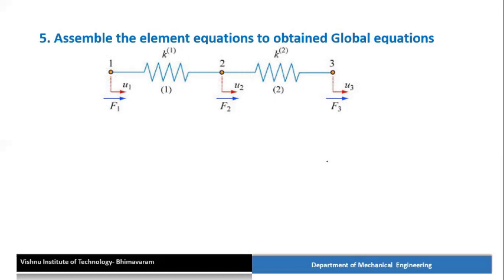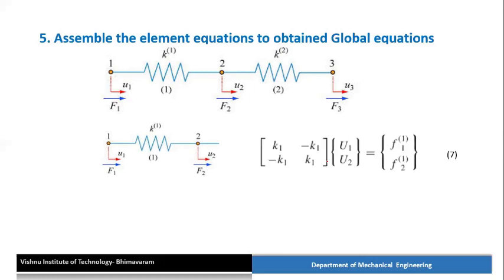Spring 1 has stiffness K1 and spring 2 has stiffness K2. U1, U2, U3 are the displacements at node 1, node 2 and node 3, and F1, F2, F3 are the forces corresponding to these nodes. For element 1, KU is equal to F, where K means the stiffness matrix of element 1, U means the nodal displacements of element 1, and F1 and F2 are the forces at node 1 and node 2 of element 1.